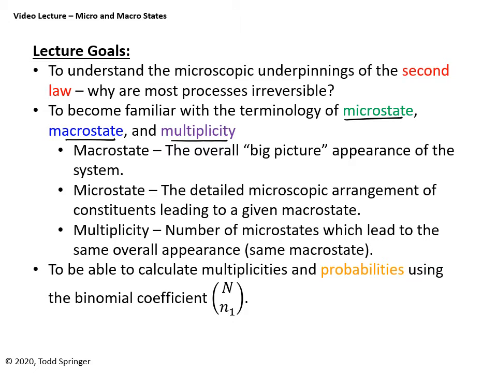And then multiplicity is the number of microstates which lead to the same overall appearance, or the same macrostate. So there might be many ways to achieve the same macrostate, and the number of ways that you can achieve the same macrostate is what we call the multiplicity. And eventually in this lecture we want to be able to calculate some multiplicities and probabilities using this technology called the binomial coefficient. So I'll go into that as well.